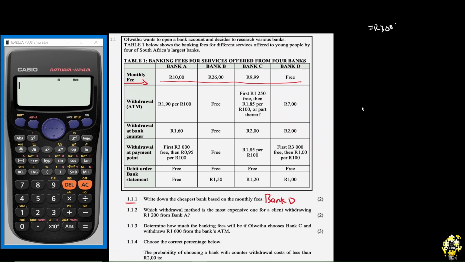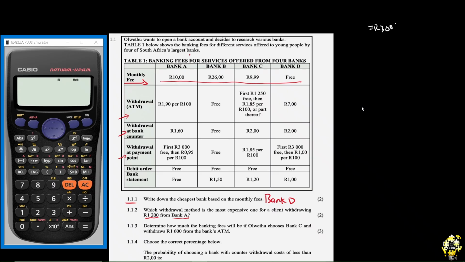1.1.2, which withdrawal method is the most expensive one for a client withdrawing 1,200 from Bank A? So Bank A has 3 withdrawal methods. You can withdraw at an ATM, you can withdraw at the bank counter, you can also withdraw at a payment point.